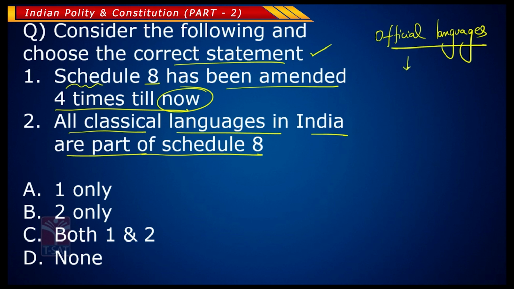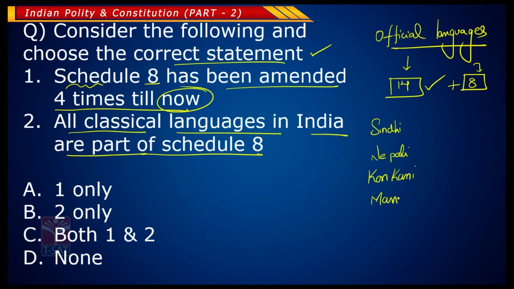When the Constitution came into force, there were 14 official languages and presently there are 22 official languages. Out of these, 8 official languages are Sindhi, Nepali, Konkani, Manipuri, right?